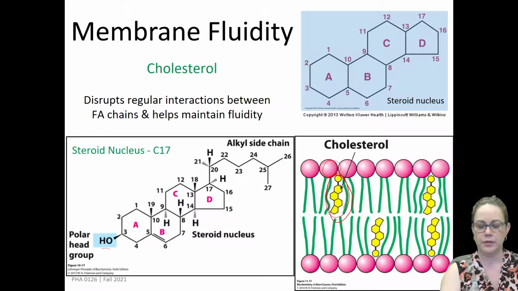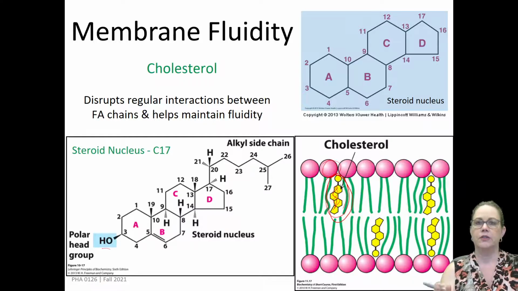And then you can see that the hydrophobic steroid nucleus is going to disrupt those lipid tails so they're not able to pack together as tightly. So cholesterol's presence will increase our membrane fluidity.